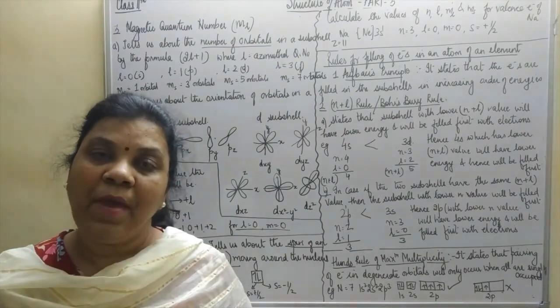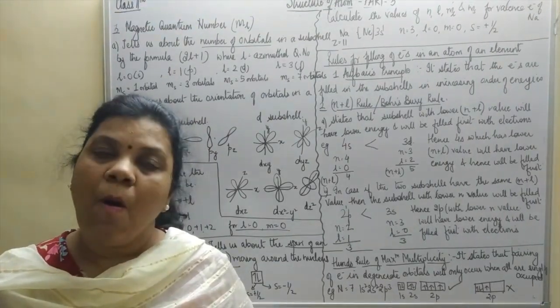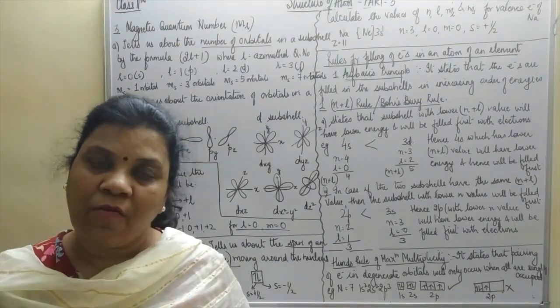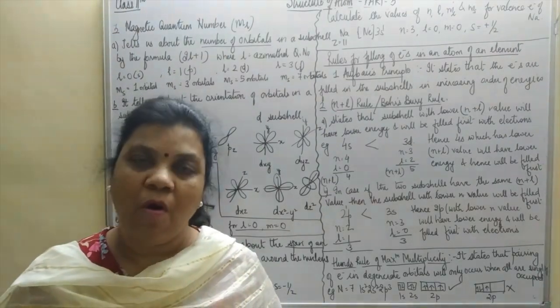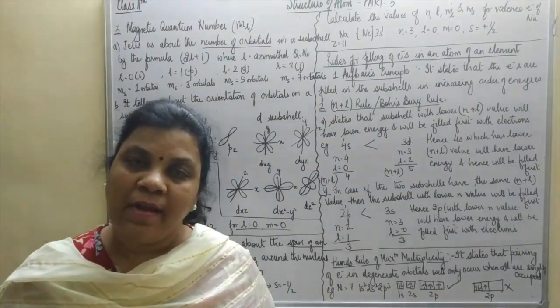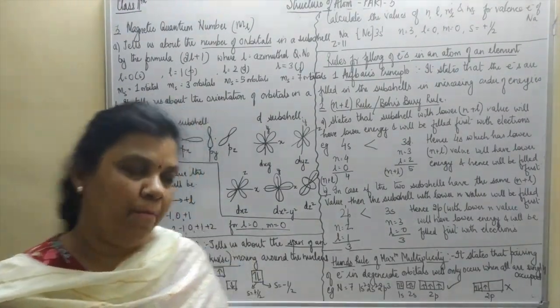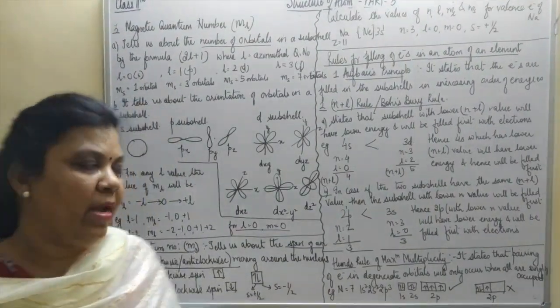This spin may either be clockwise or anti-clockwise, and this information is provided by the spin quantum number, which may have only two possible values, plus half or minus half.